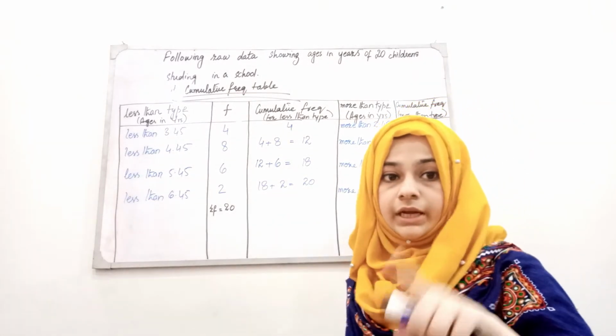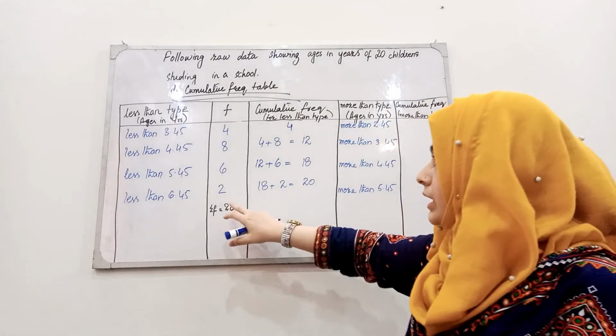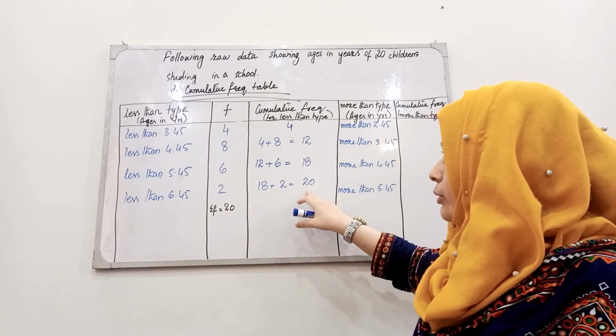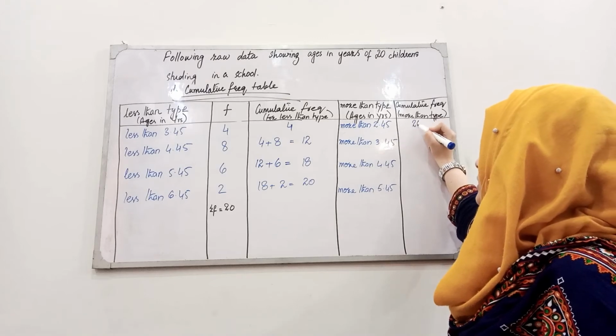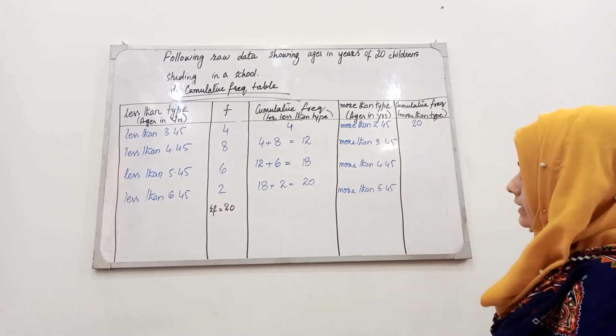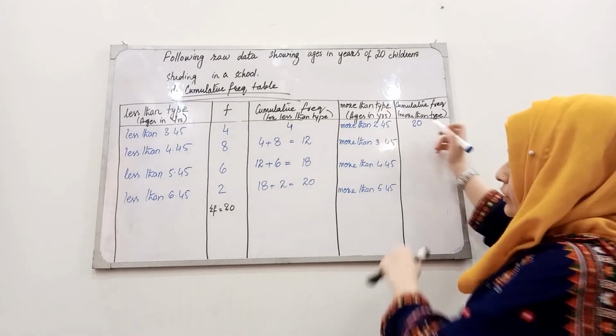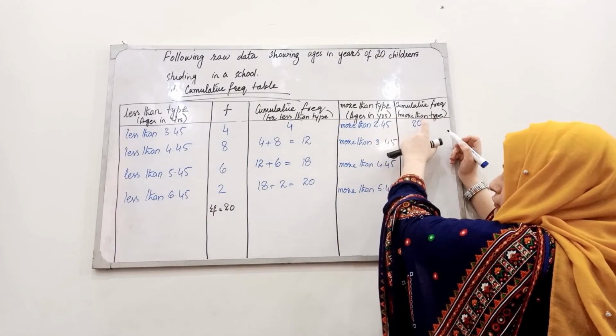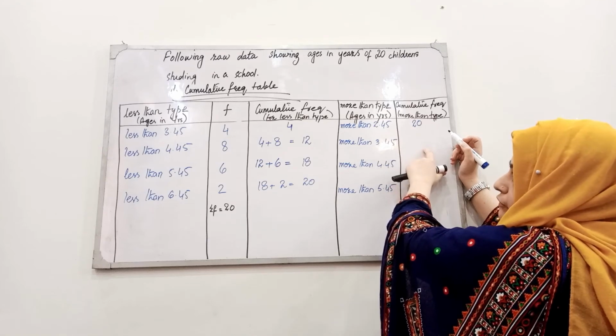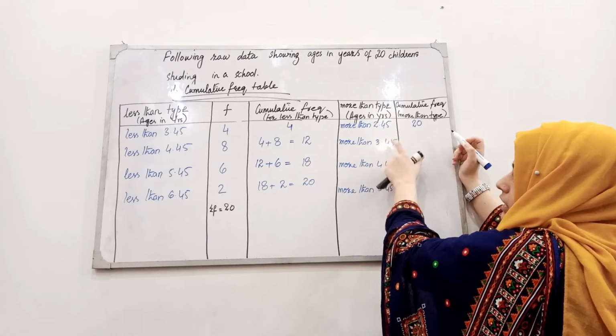Let me show you. That cumulative frequency will automatically fall here, 20. Now by subtracting that particular frequency from that cumulative frequency, I will get the cumulative frequency of the second more than type class.